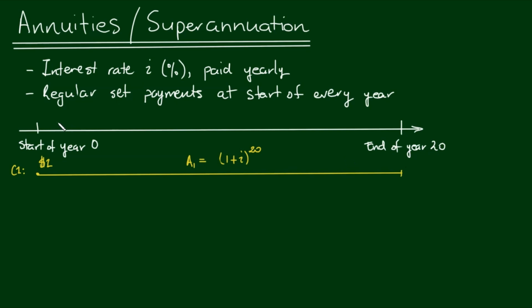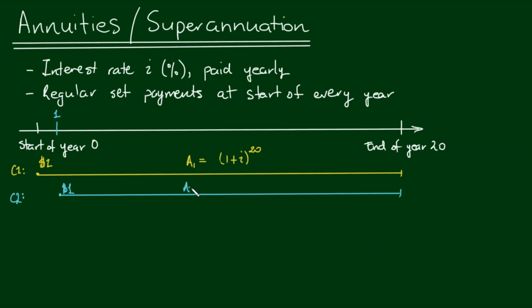Now, after 1 year, we're going to make another contribution because, as we said at the start, the idea is to make regular payments at regular intervals. The second contribution, let's call it C2, we make after 1 year. So it's another $1 invested, but this time it's only going to be accumulating interest for 19 years.